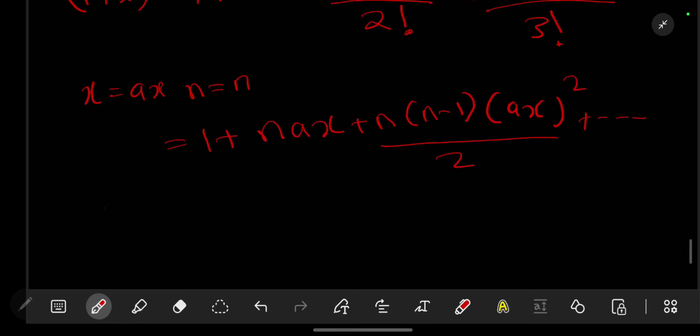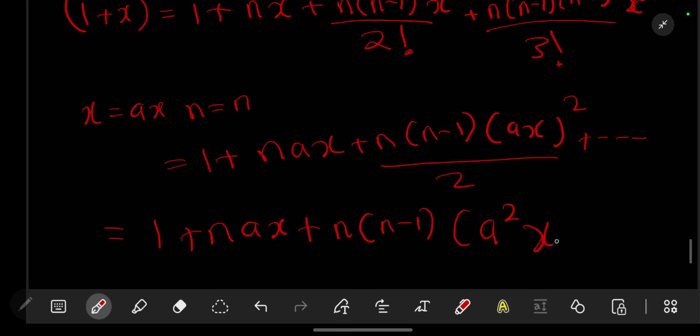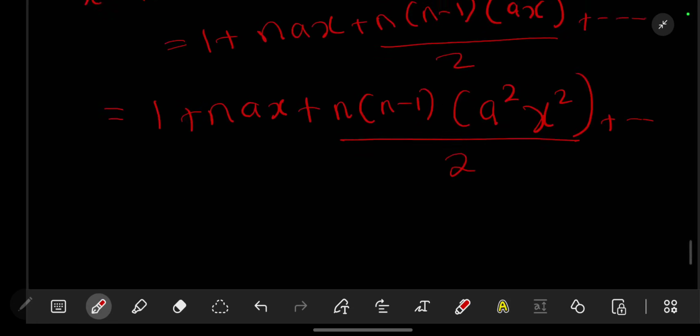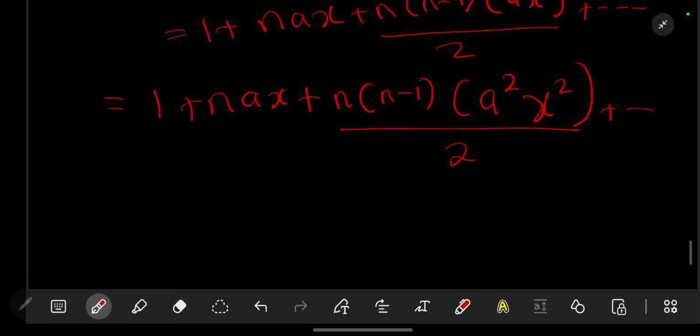So this is going to give us 1 plus nax plus n(n − 1) a squared, and the squared can be distributed, x squared over 2, plus so on. This is basically the expansion of the 3 terms.